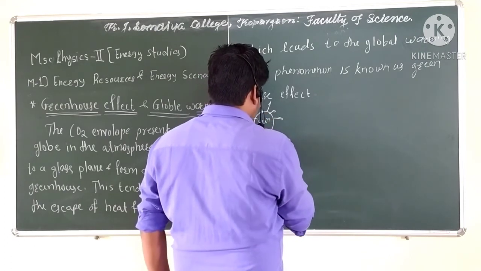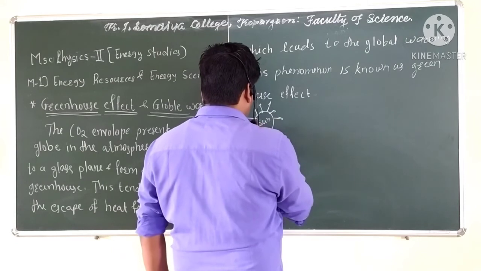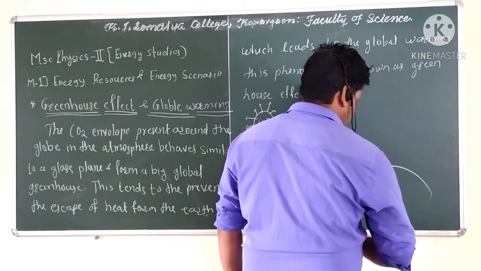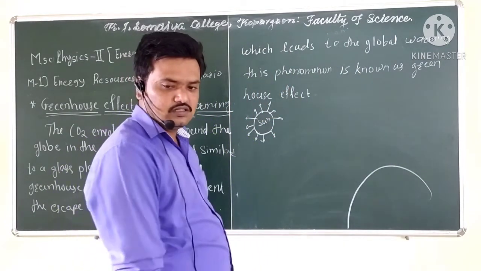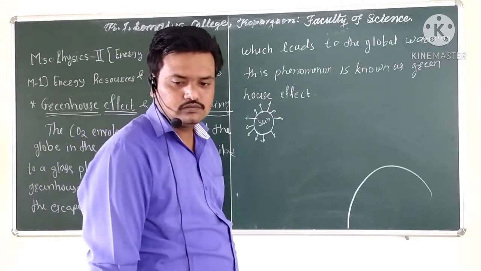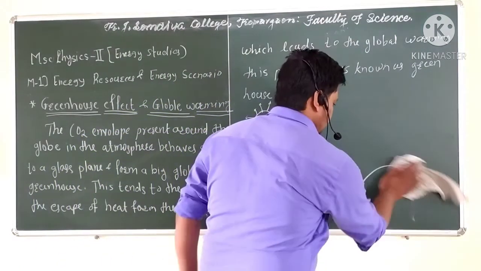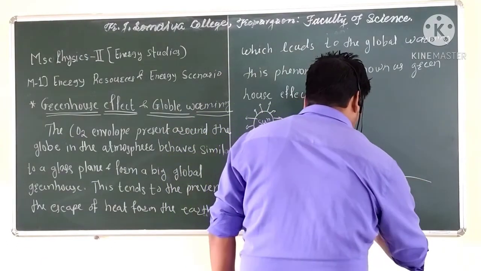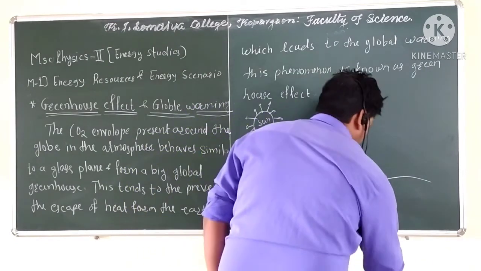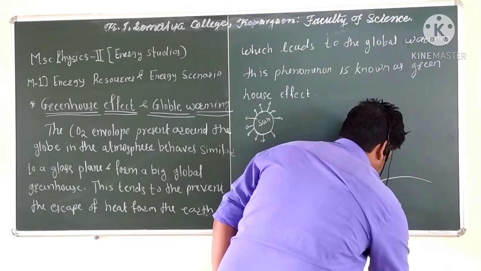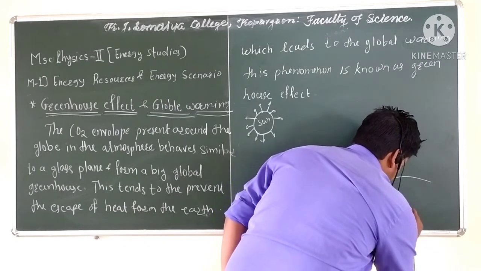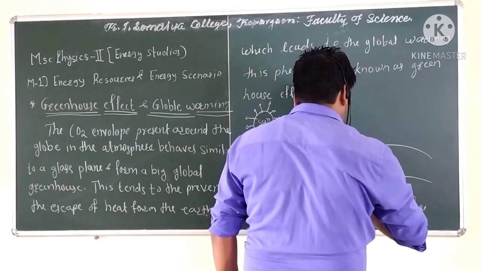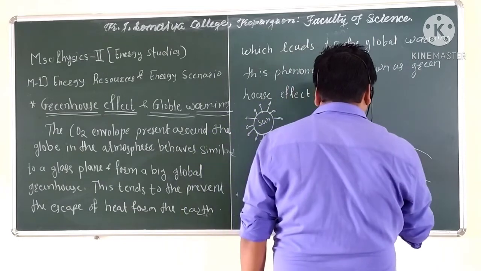For example, this is considered as the earth surface, and the uppermost layer of this is considered as the atmosphere.